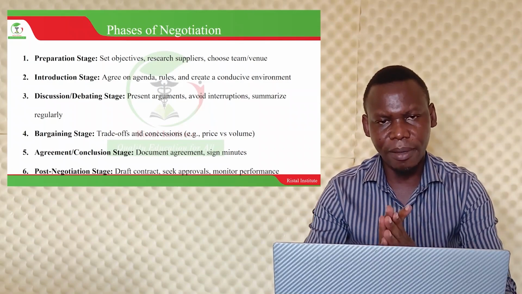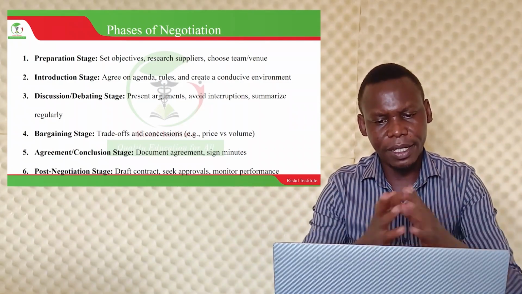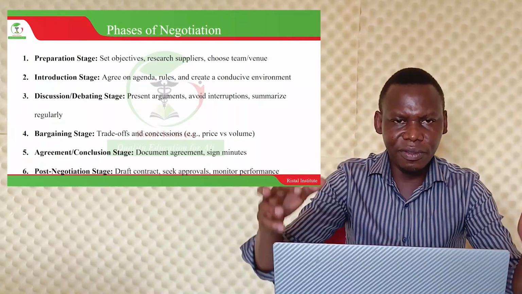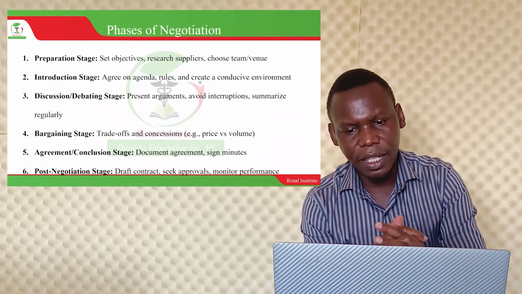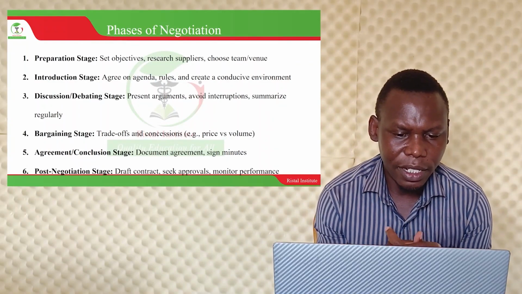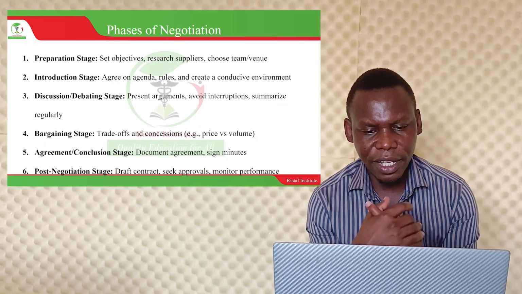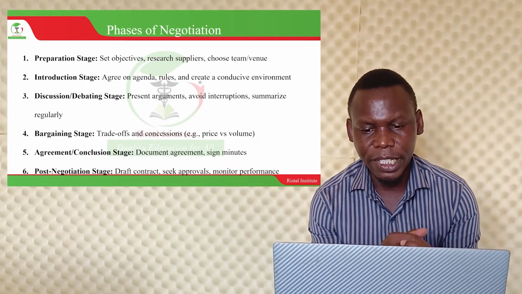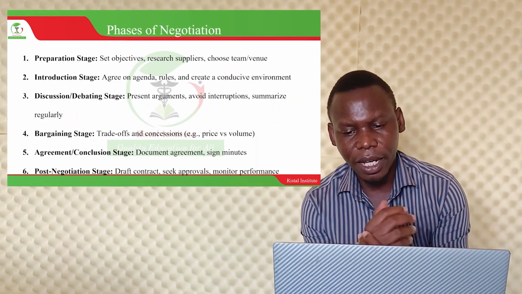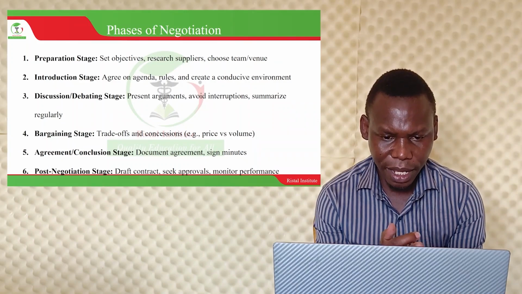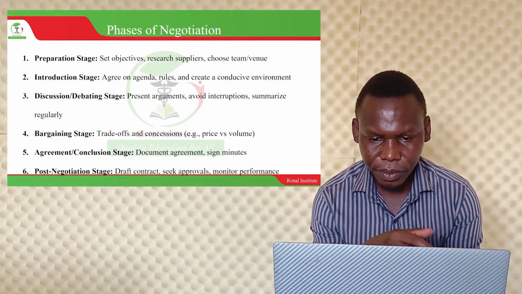Of course, the introduction comes in when the two parties are seated. Then you need to present the agenda, then the rules of the negotiation process, then the environment must be, of course, conducive and all that. Discussion and debating stage: the other party will throw their offer on the table, then the other one will also respond to the offer. That is the debating stage.